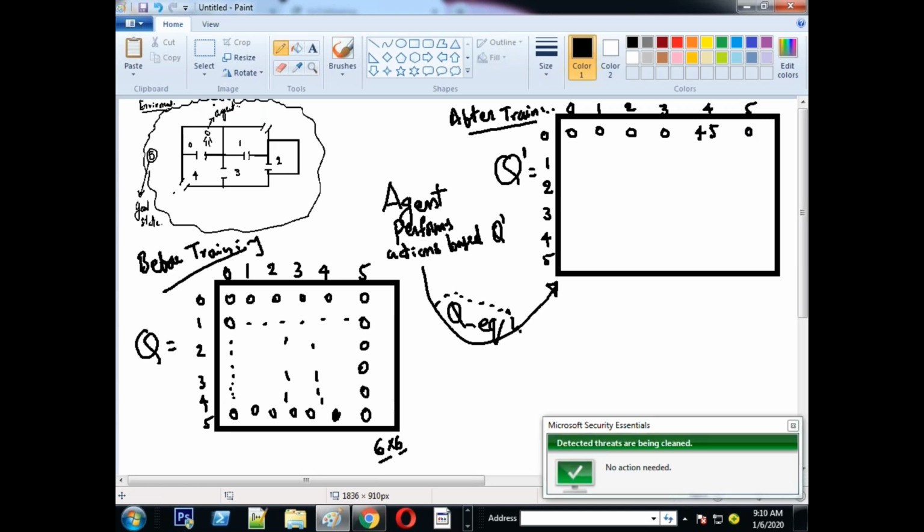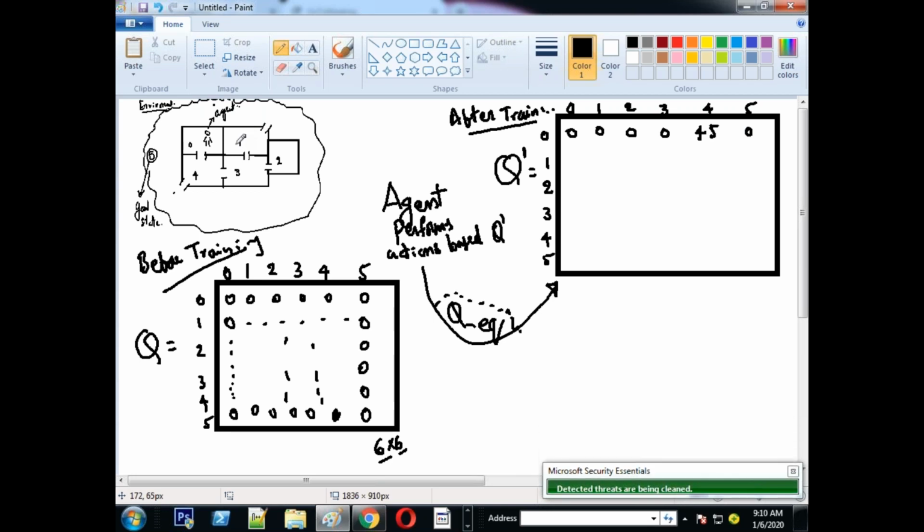Now I am keeping you in room number 1. 1 to 0, 1 to 1, 1 to 2, 1 to 3, 30. 1 to 4, 1 to 5.